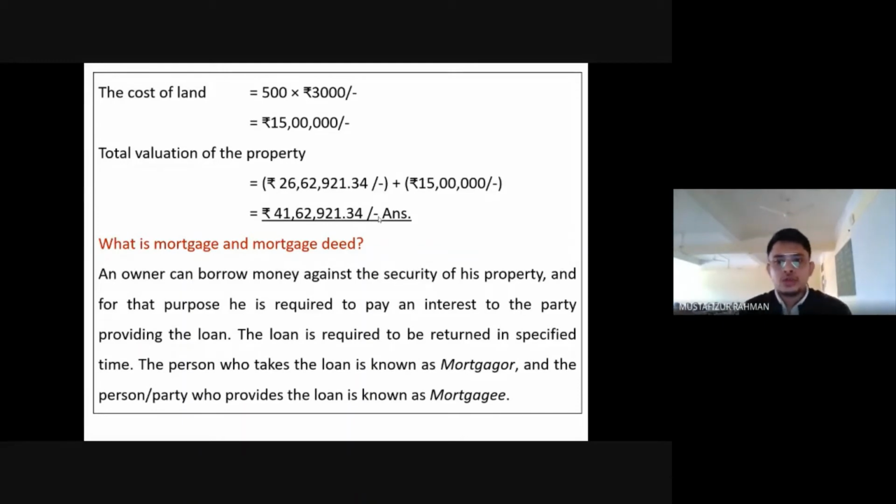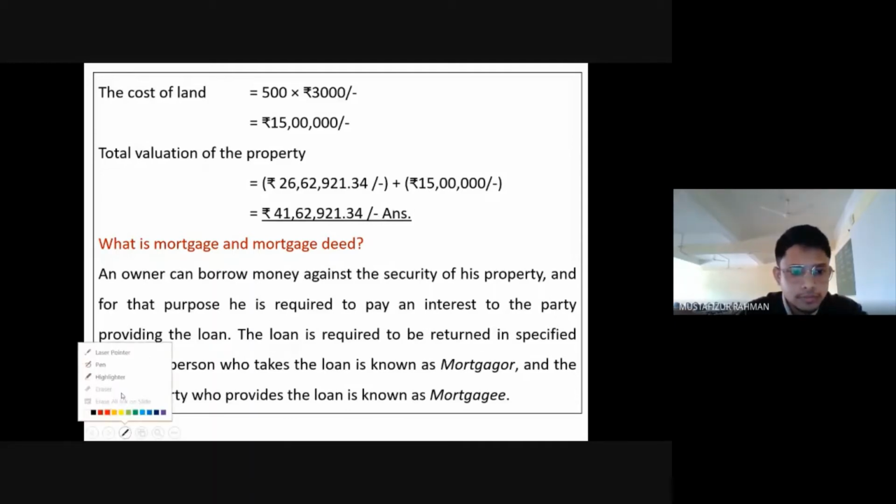Then there are a few theories here. So these are easy. Okay, so an owner, if you have some property, we do it all the time, right? People do it all the time.